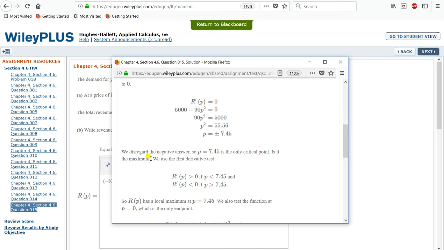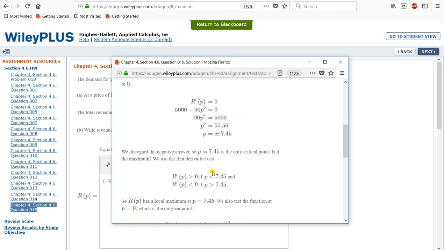We disregard the negative value for P because the price is only something positive. In this case, the negative doesn't make sense, so we only consider the positive case, 7.45.